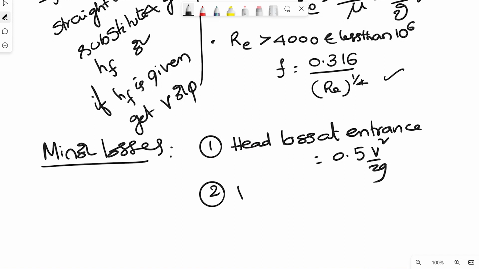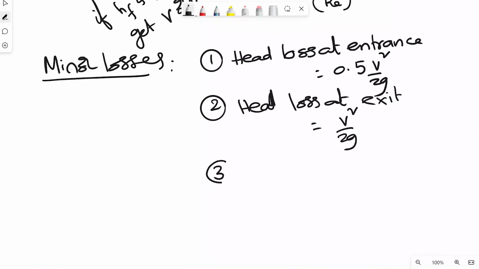Then head loss at exit, that is the velocity head. Then head loss due to sudden expansion.